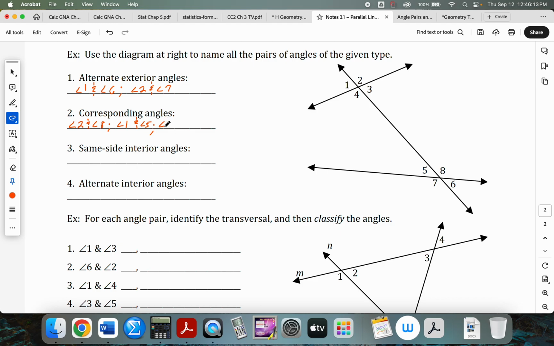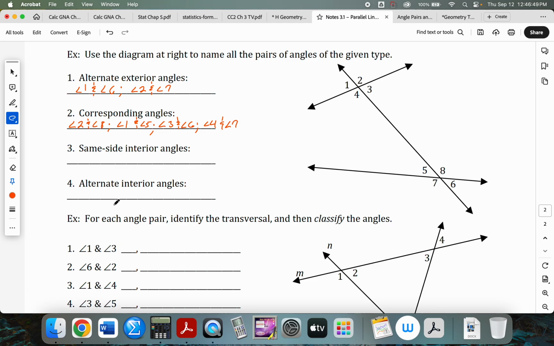Yep, angle 3 and angle 6. Grace? Yeah, 4 and 7. Angle 4 and angle 7. You may have noticed that there's more corresponding angles when you have a diagram like this than there are of anything else.